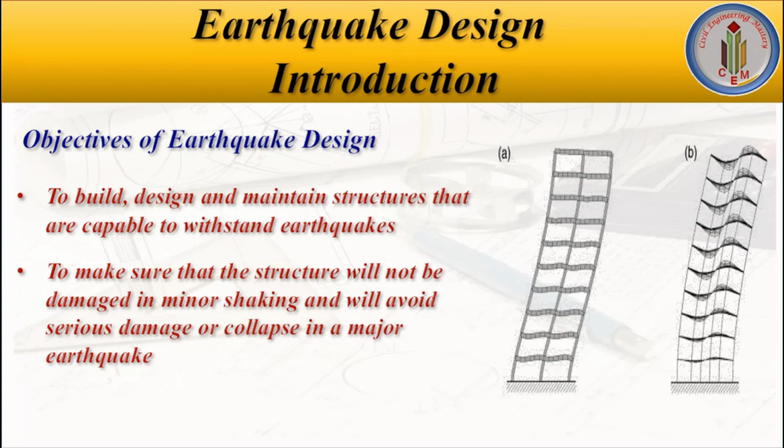As I told you before, earthquake load is a dynamic load which creates vibrations of structure. So when we are designing the structure for earthquake, we have to make sure that the structure will not be damaged in minor shaking, and it should not collapse or get severe damage in major earthquakes.